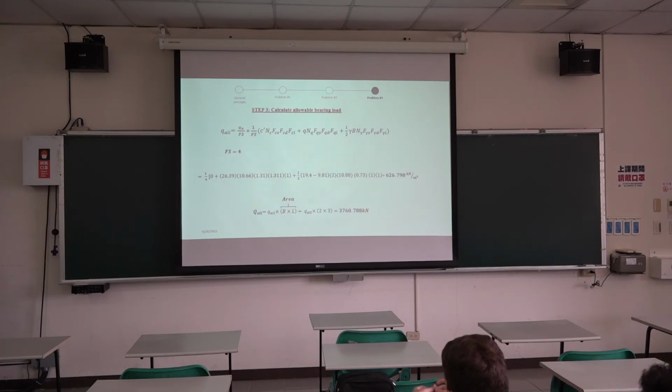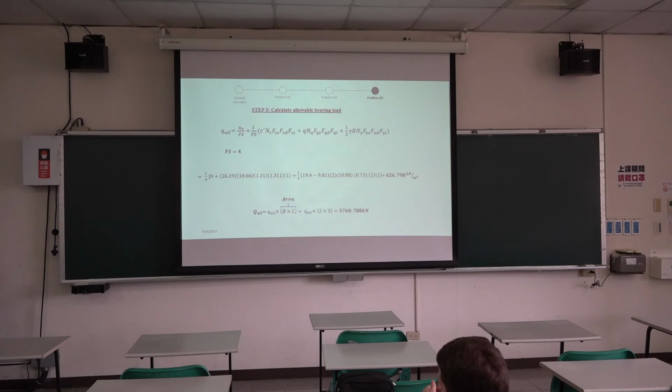And because they ask for load, as I mentioned earlier, you have to multiply this capacity by the area. The area is going to be 2 by 3. Okay, so you get this load, 3760 kilonewtons. So that's your allowable bearing load. That is what the soil can take, like from your building or from whatever structure that you're dealing with. All right.